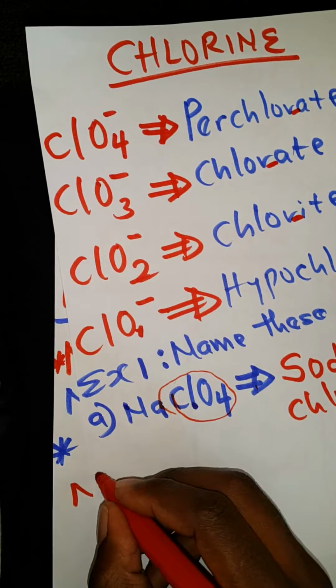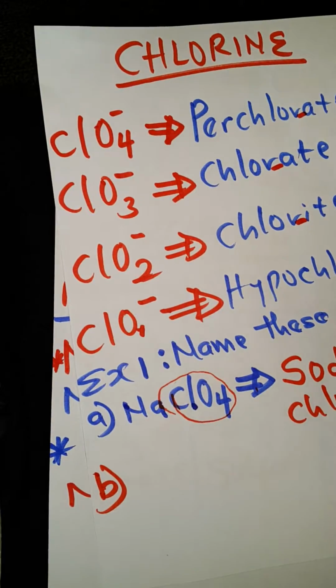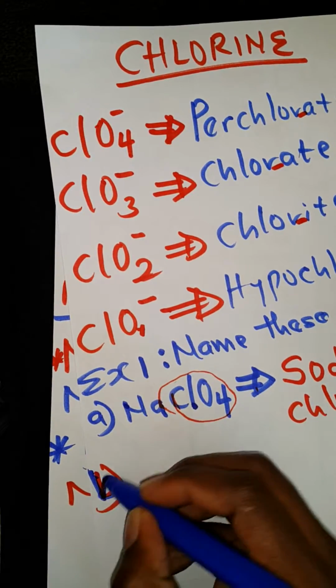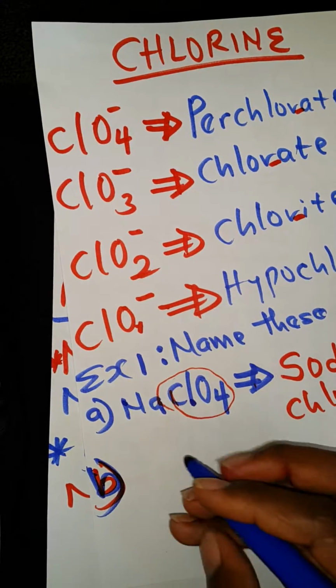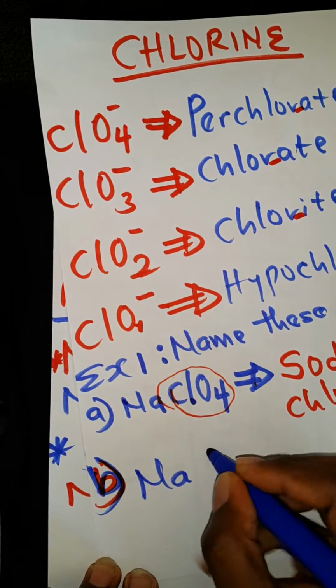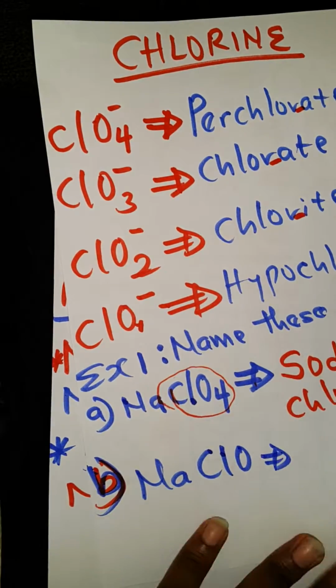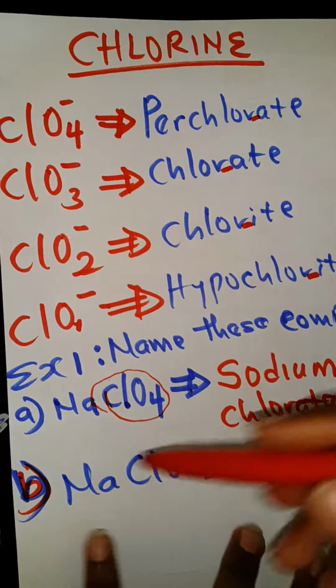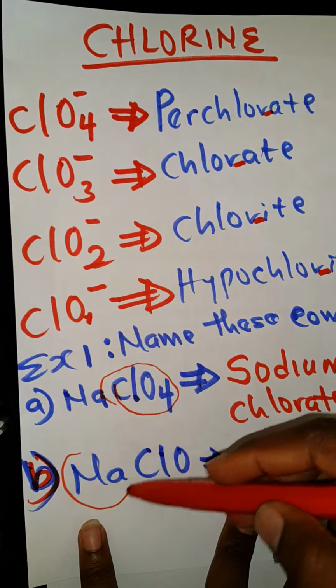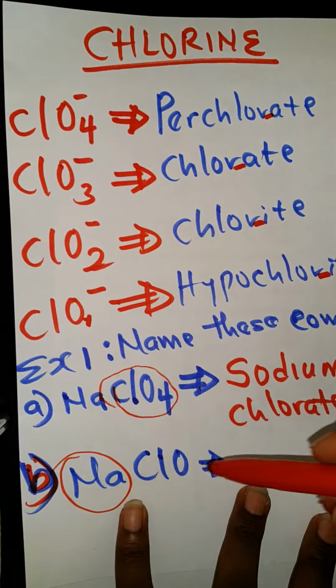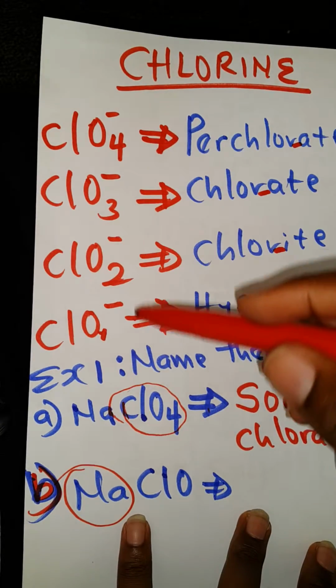Then the second example I have here with me is NaClO. You have to do the same thing here. We still have sodium here. And we have ClO. Look here, where is ClO?